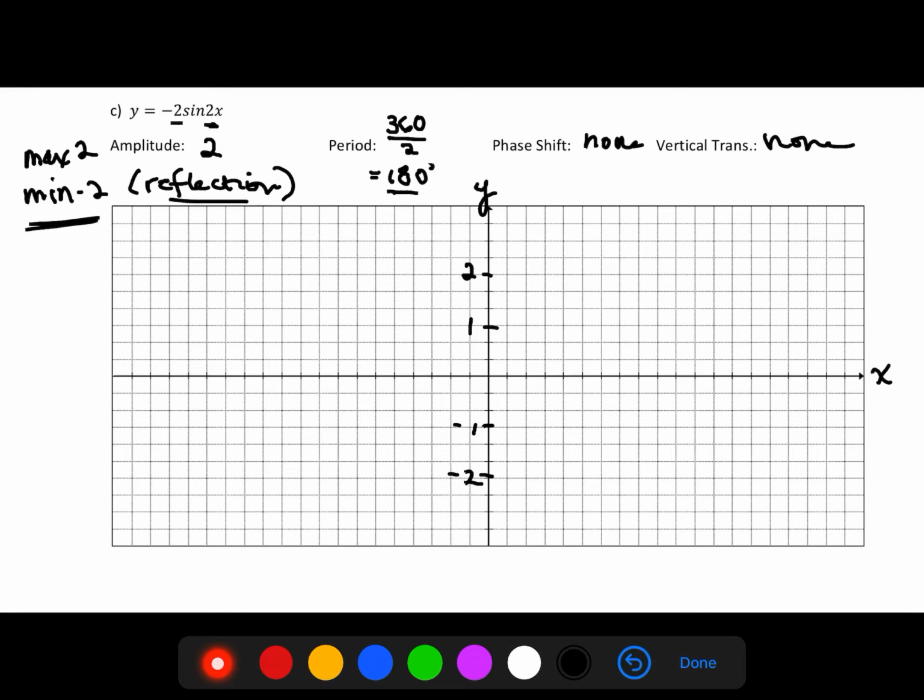Our key points are going to happen every 45 now, half of 90. So let's take a look, 2, 4, 6. We have at least 18 blocks, so we're going to go up by tens. Or actually, if our key points are going to be 45, let's go 45 every 4 blocks. So we want to keep in mind where our key points are going to occur as well.